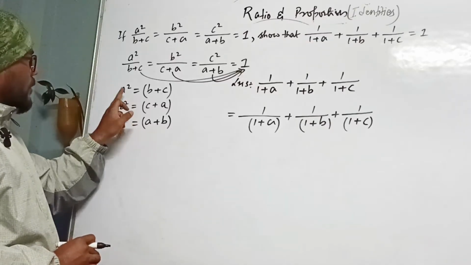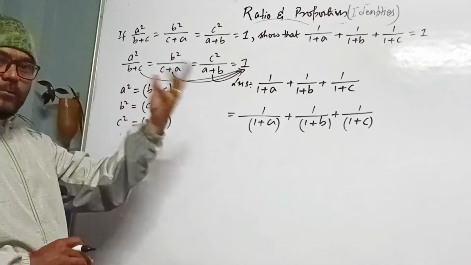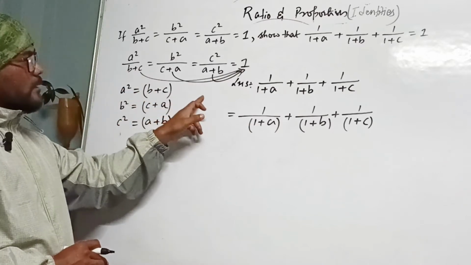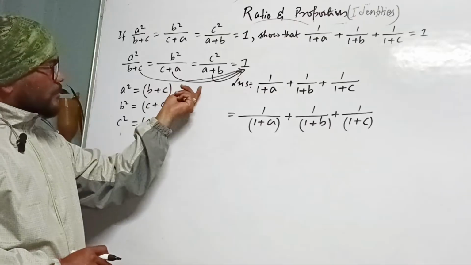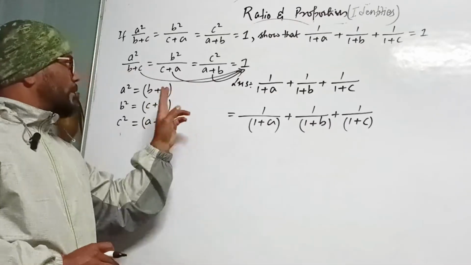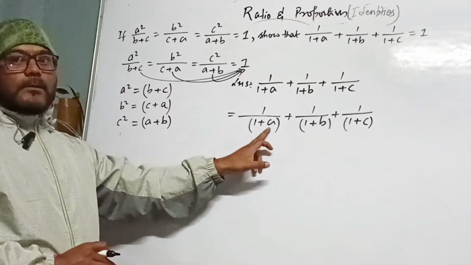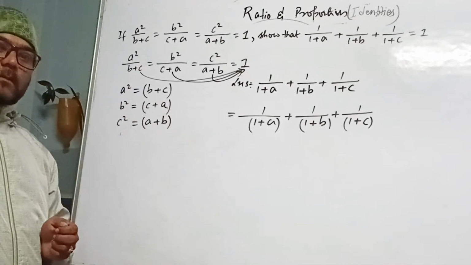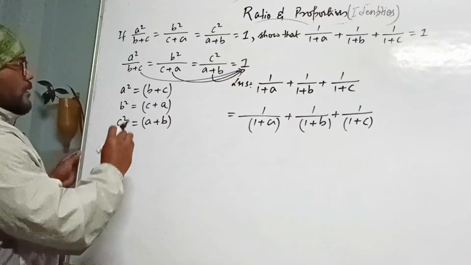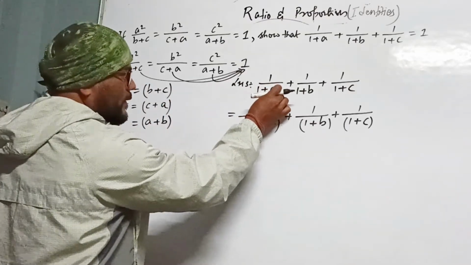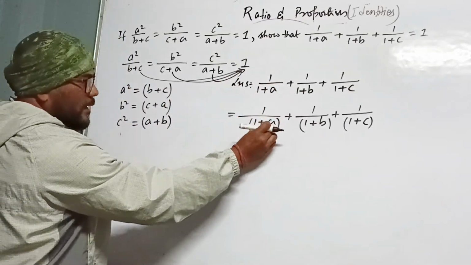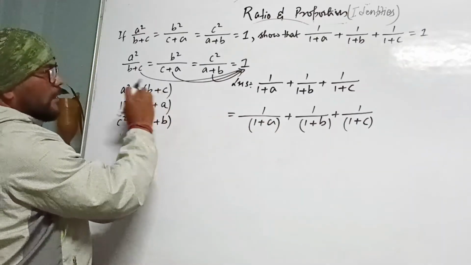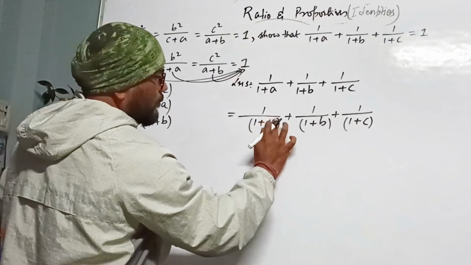If we try to find the value of a from this relation, it becomes root over (b plus c), and if we substitute a as root over (b plus c) in this expression, it will become very complicated. So what do you do? Just manipulate this one. You try to make this a into a square in this place, so that you can easily substitute the value as b plus c. So how can you manipulate?